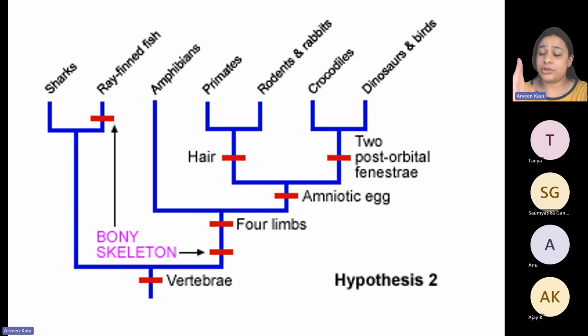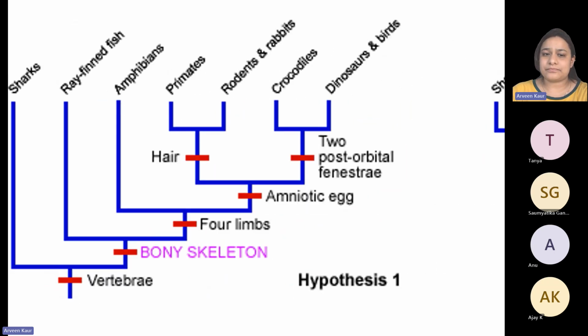So some people do believe this hypothesis, and there might be some indications that this hypothesis is true because obviously sharks and fish, sharks are also fish, right? So if you think about it, they seem to be closer to one another than fish and amphibians, right?